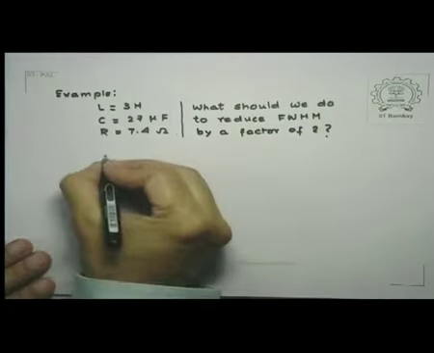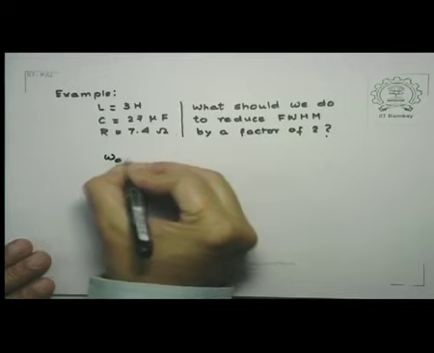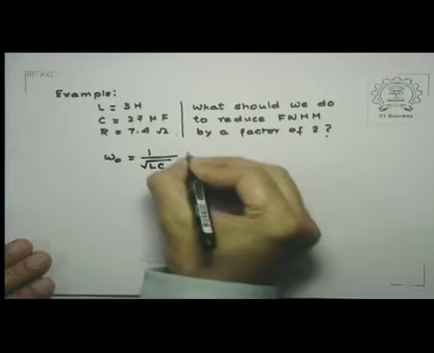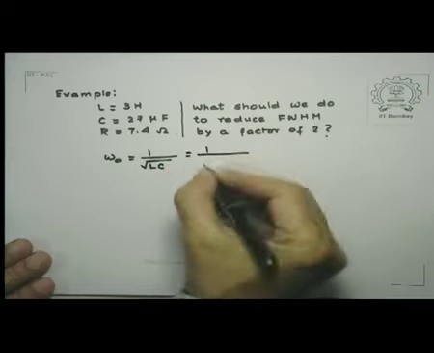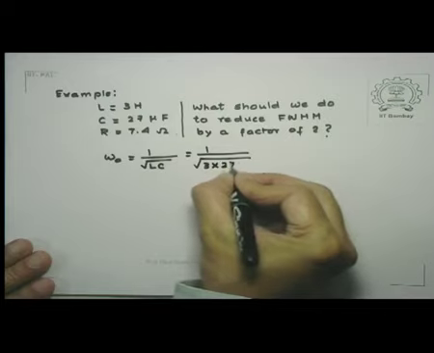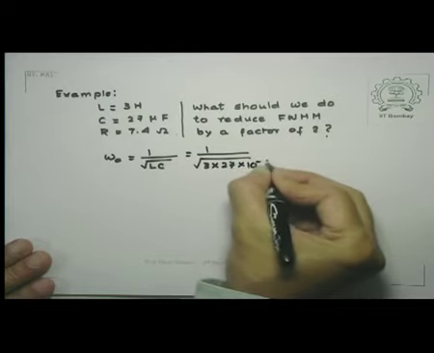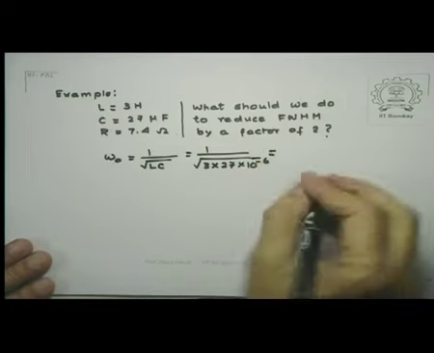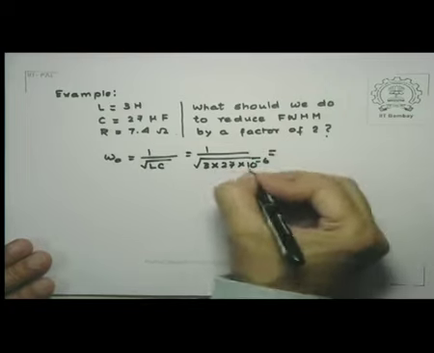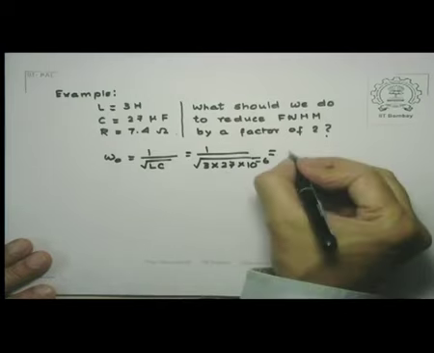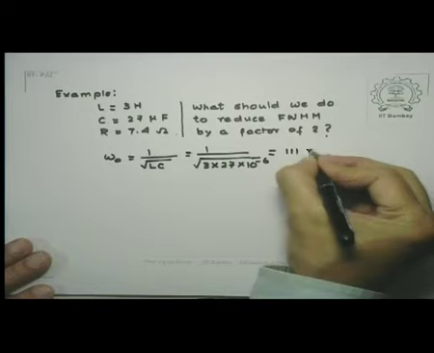Well, remember that omega 0 is 1 over square root of LC, which is 1 over, now L is 3 Henry, C is 27 into 10 to the minus 6. So this is 1 over 9 in the denominator and 10 to the power 3 in the numerator. So it is 111 radian per second.